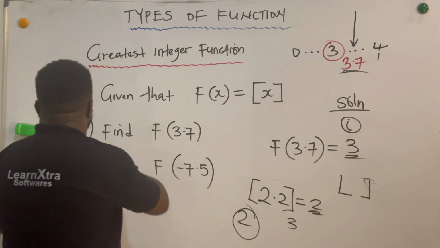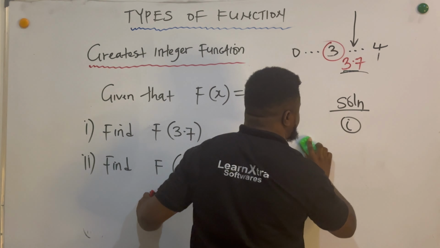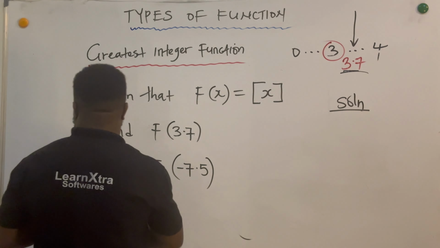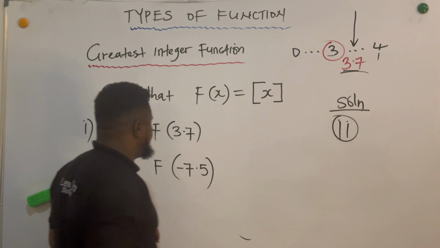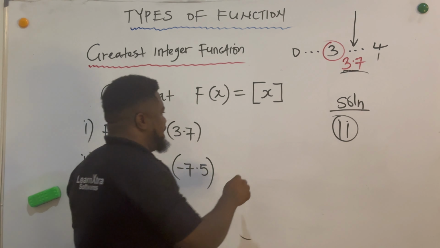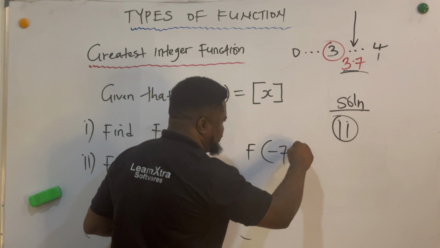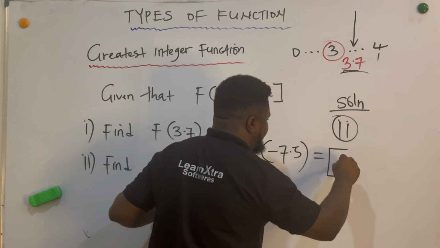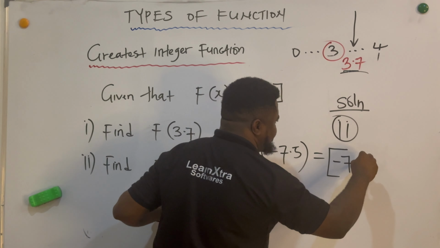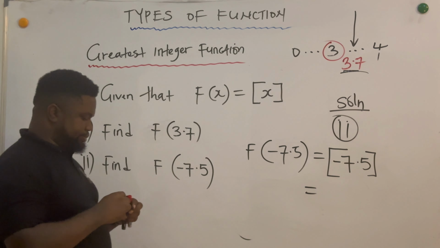Now let's solve the second question. Here we're looking for f of minus 7.5, which is the greatest integer of minus 7.5. What will it be?